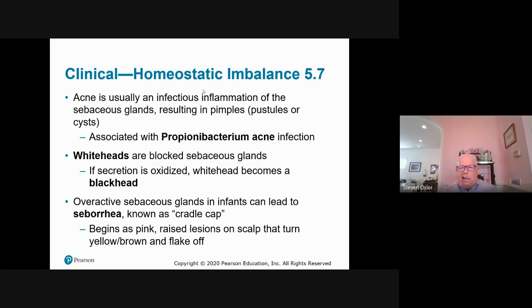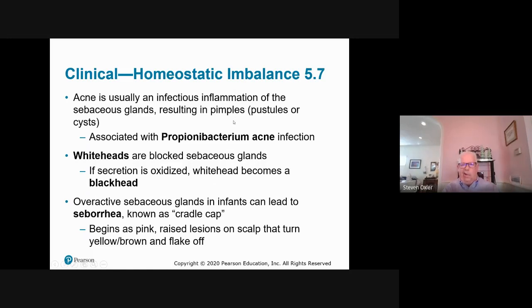Acne. I think growing up, the majority of us all had some form of acne. Acne is usually an infectious inflammation of sebaceous oil glands, resulting in pimples. It is associated with an infection.